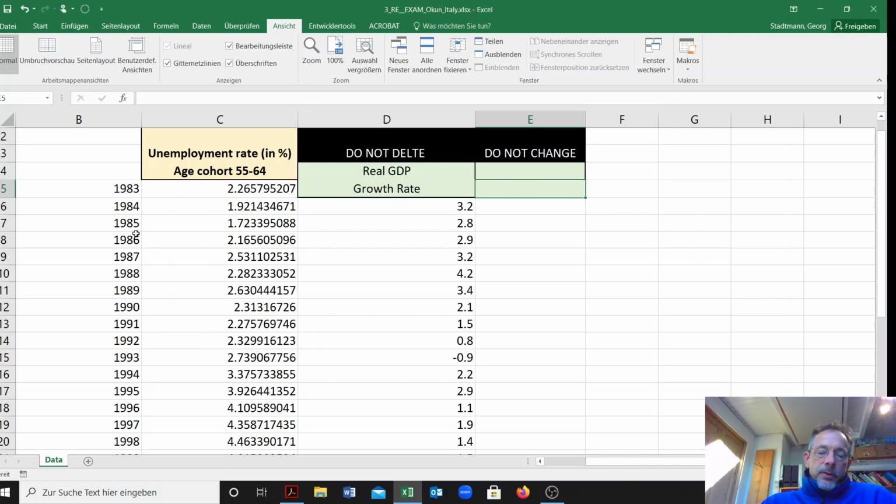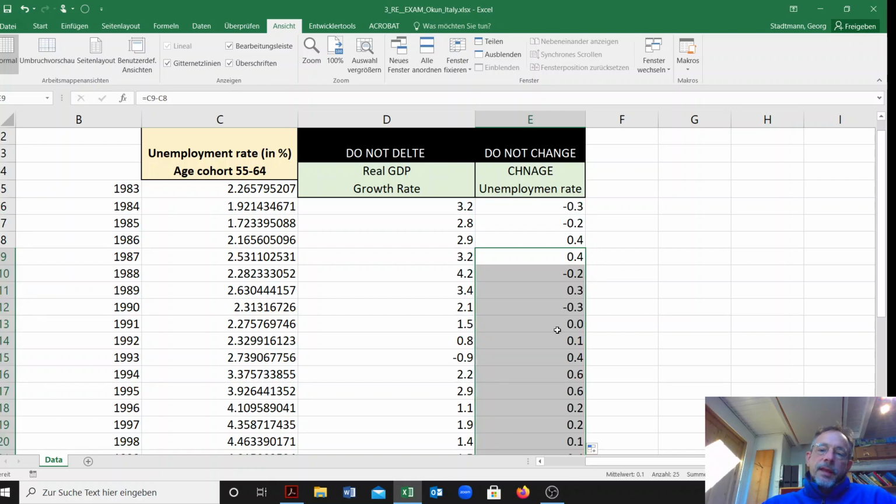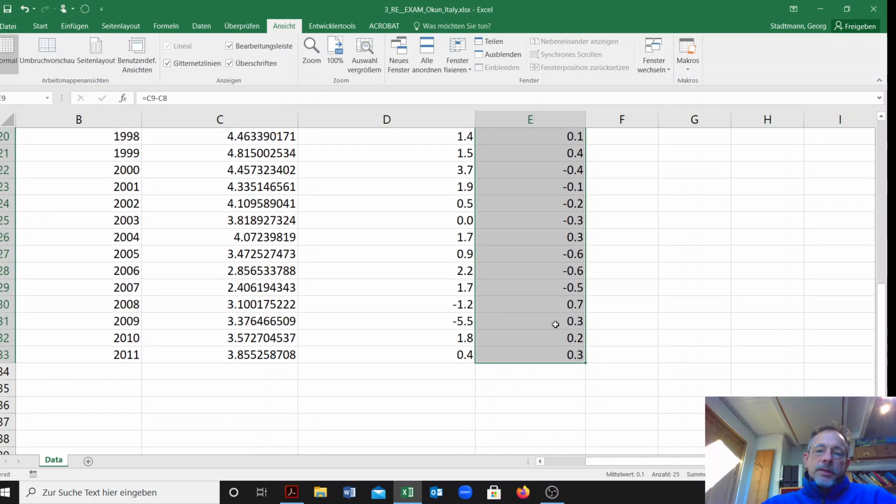So in the first step, we have to compute the change of unemployment rate in this column, and this is equal to cell C6 minus cell C5. Here we have the change in the unemployment rate. Let's copy all the information down. You can double click here, and then the formula is copied all the way down.